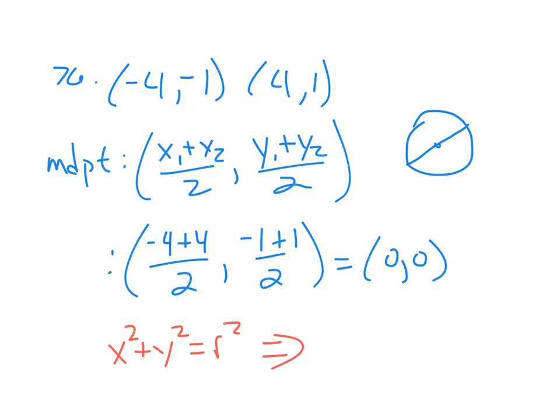How can we find r squared? Which one do you want to plug in? It doesn't matter. Let's do 4, 1. So then it gets 4 squared plus 1 squared equals r squared. So 16 plus 1 is 17.